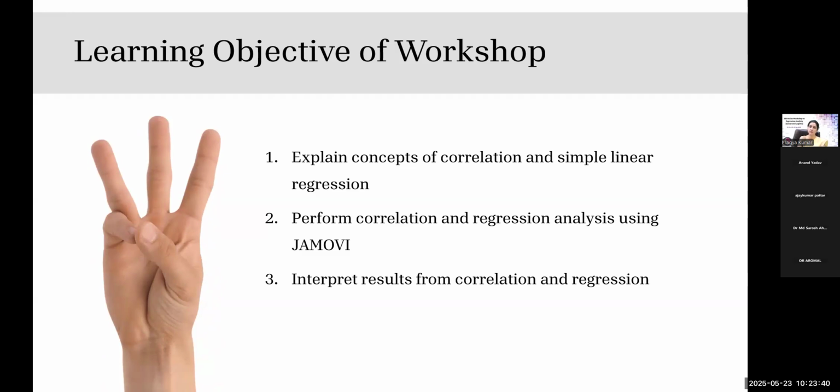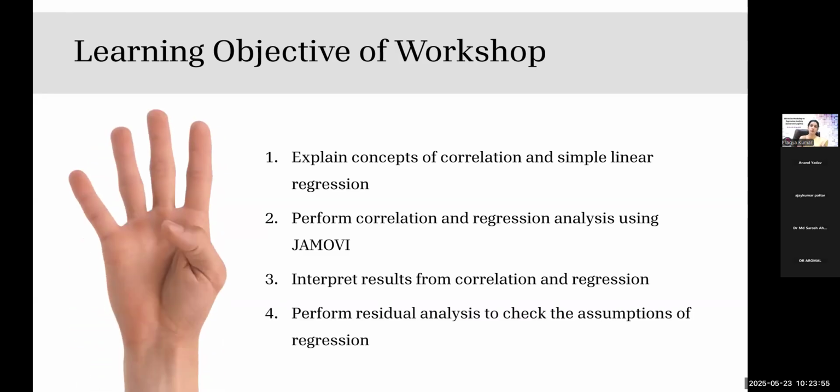Then only you will be able to write your result and understand how you control for variables, how you treat a variable as a confounder or not as a confounder, and how you interpret the beta coefficient of a regression, what is the meaning of intercept. So all these understanding of the equation and the concepts, we'll see how to interpret that.